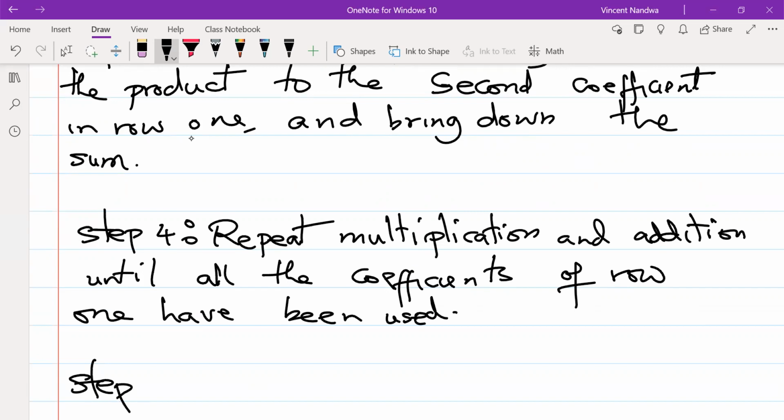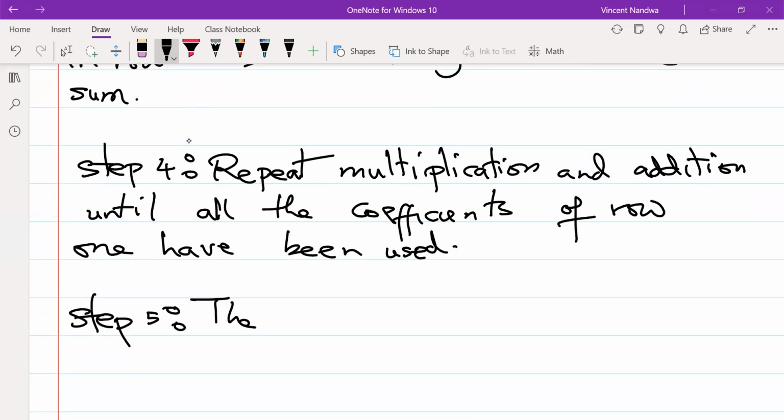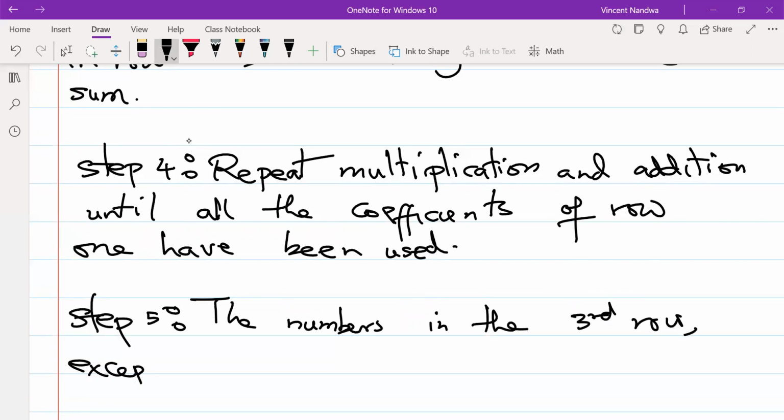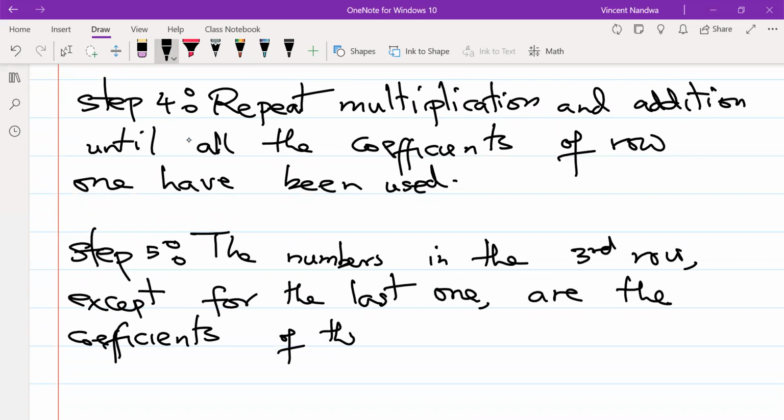And then lastly, the numbers in the third row, except for the last one, are the coefficients of the quotient.